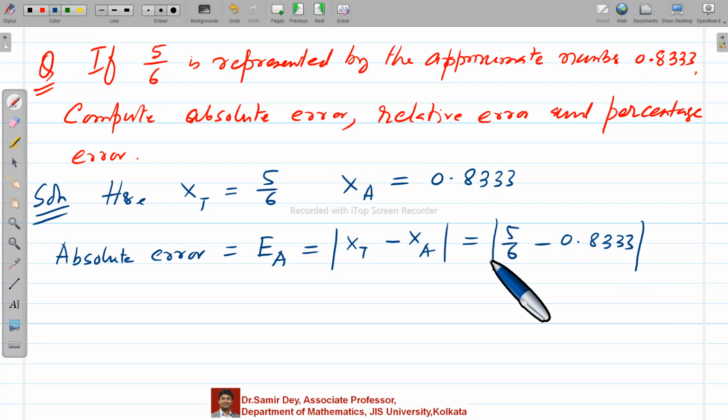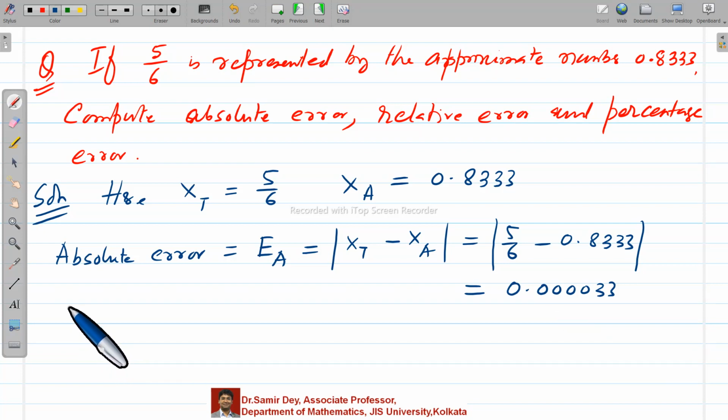Here a big number is coming up. If you use a calculator, your answer will be 0.000033. Clear? This is your absolute error. Whatever I'm writing is based on your calculator.